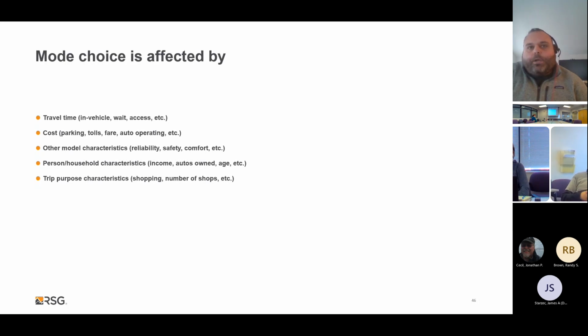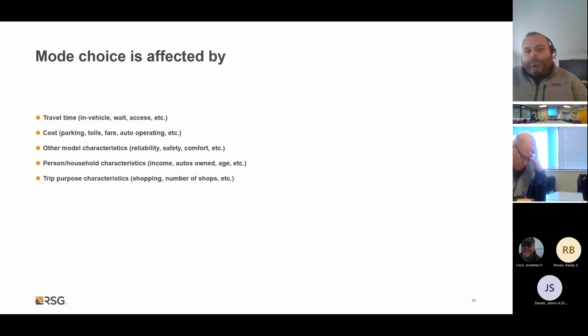So this is important to know when you're designing your new household travel survey and onboard survey, making sure that you're capturing data in the design phase with the understanding that, hey, we want to be able to capture more sophisticated measures of driver comfort or reliability in our mode choice models when we go to estimate the new travel demand model.